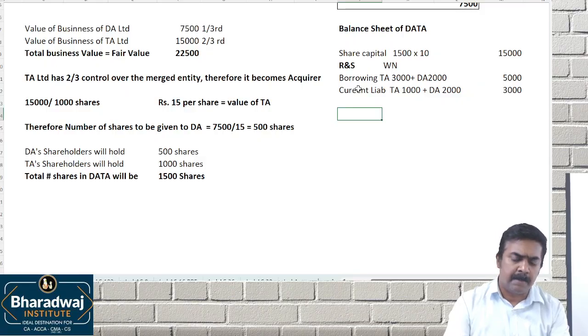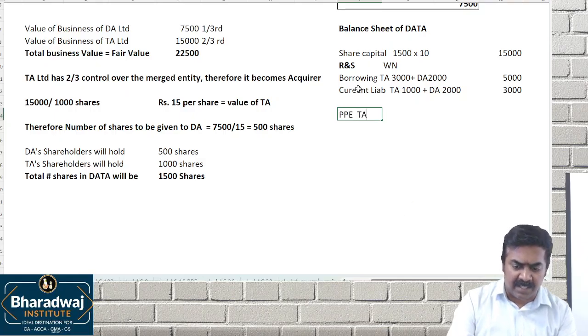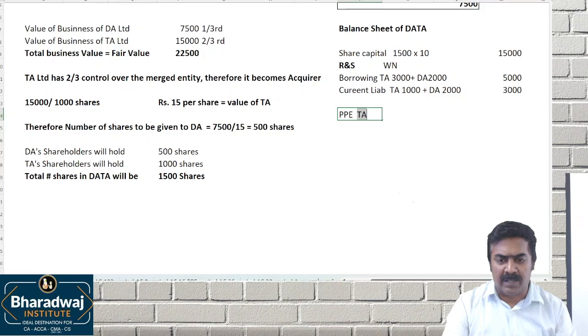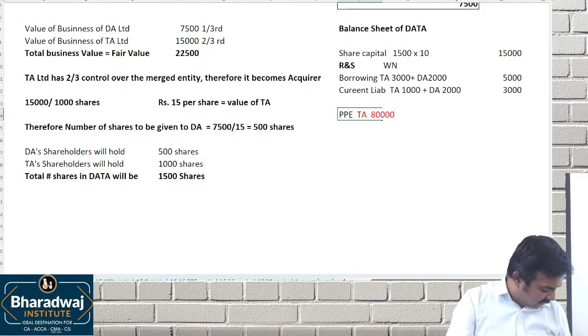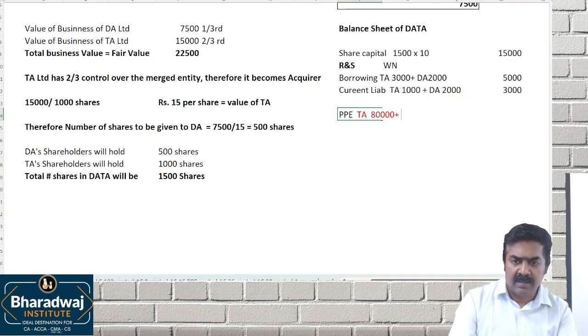Asset side. PPE. TA, please take book value. The acquirer's book value will continue. What is the book value? 8,000. Is TA 8,000? Plus the other, for DA it is fair value.